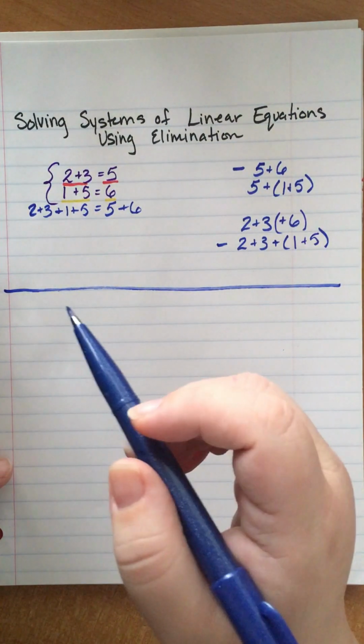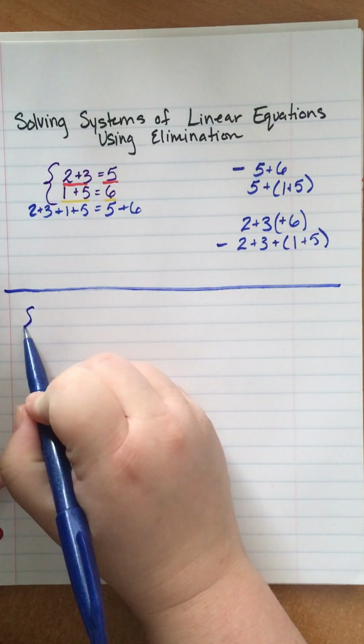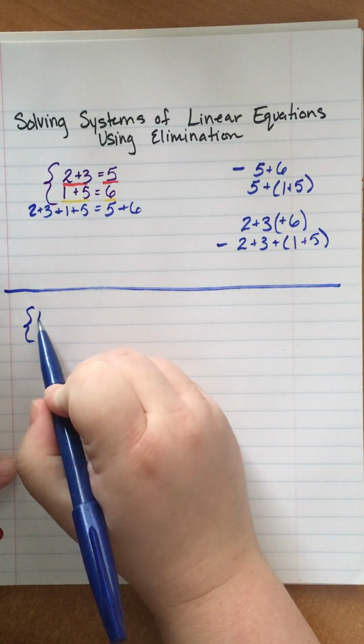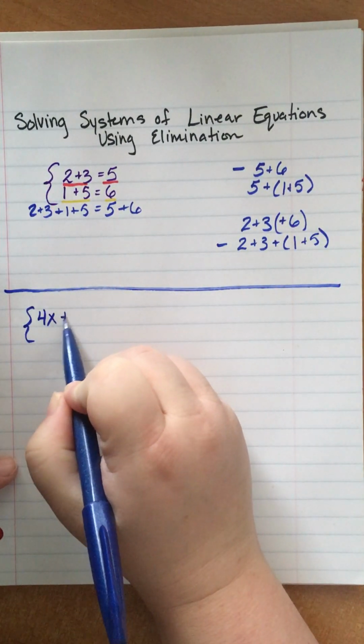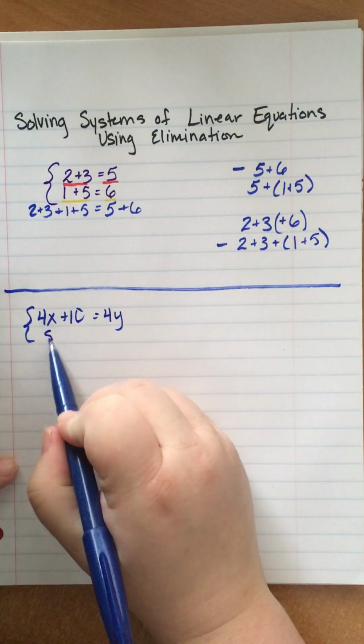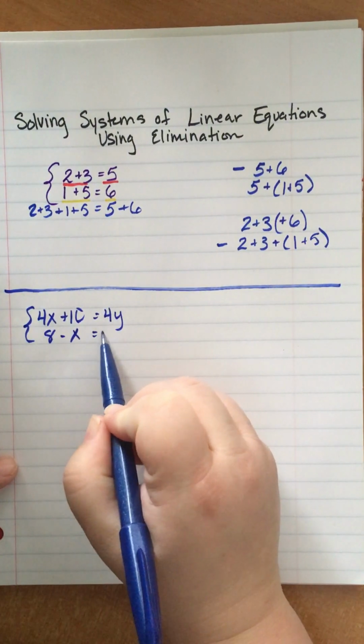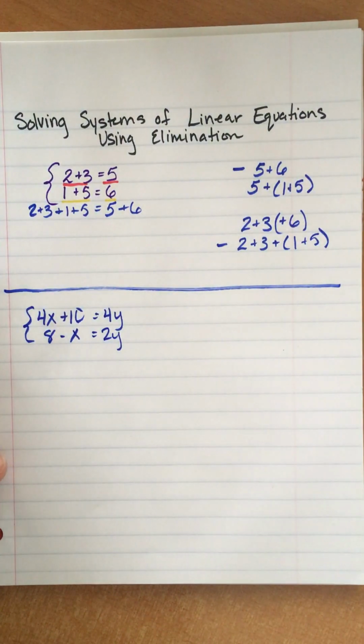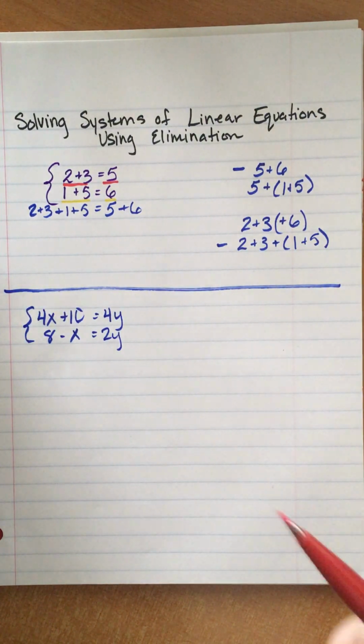And let's do, I think I should have enough room here, 4x plus 10 equals 4y, 8 minus x equals 2y. So the first thing we should notice is that not everything is lined up.